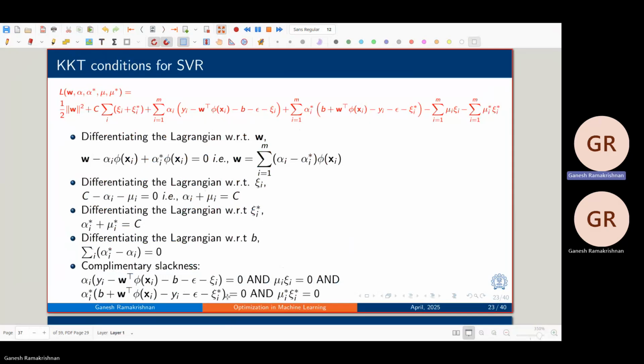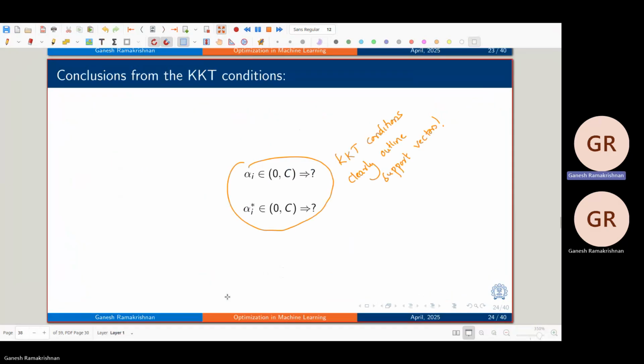And on this side, Yi, this is minus 1, is W transpose phi xi plus B plus epsilon. So these are the supporting hyperplanes, minus epsilon and plus epsilon, right? So alpha i's, which are between 0 and C, give you exactly the support vectors.